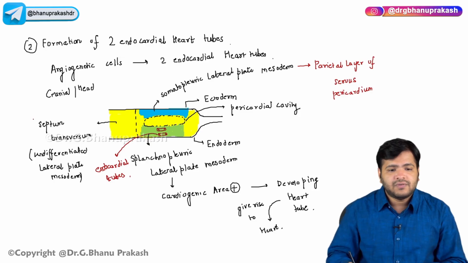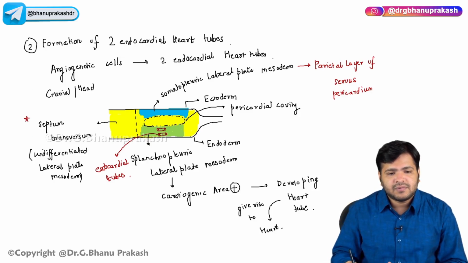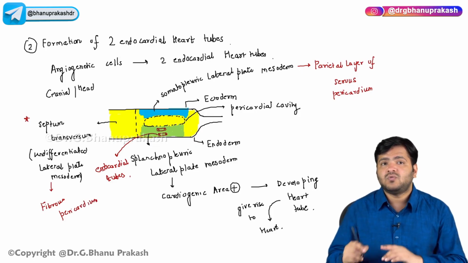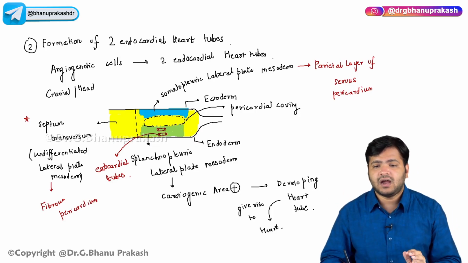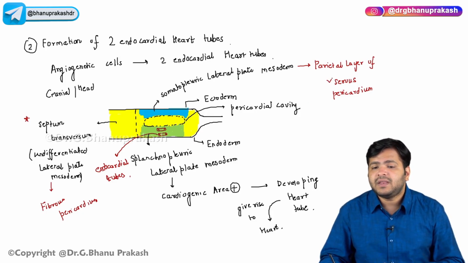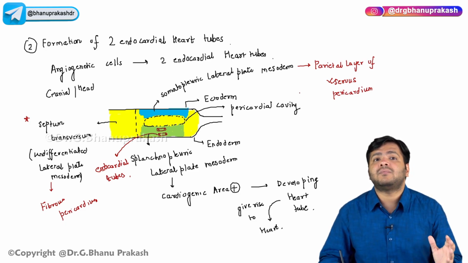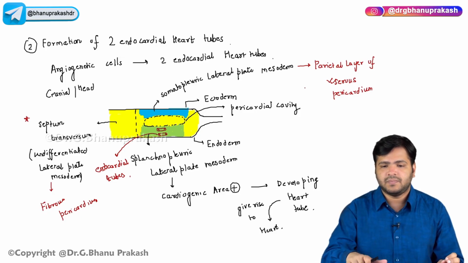So you already know we have the septum transversum. It will give rise to the fibrous pericardium, the outermost layer of the pericardium. And the serous pericardium is divided into parietal and visceral layers. The parietal layer will be coming from the somatopleuric lateral plate mesoderm.